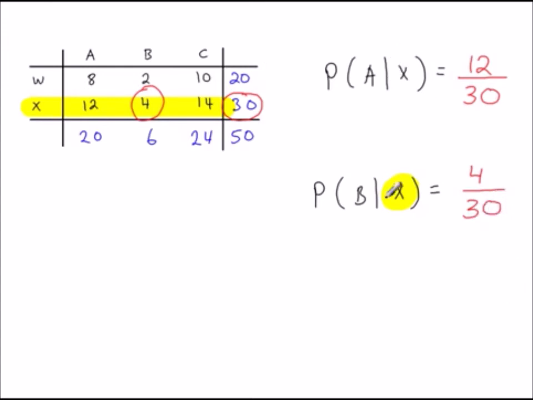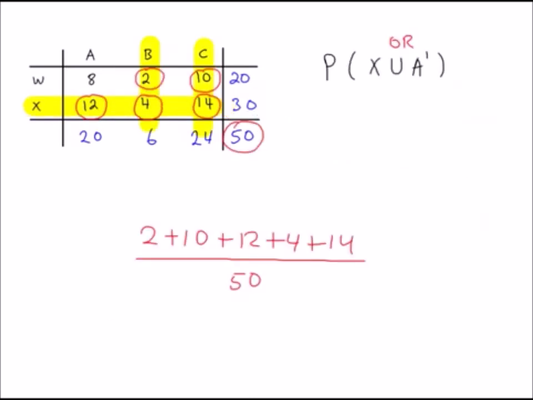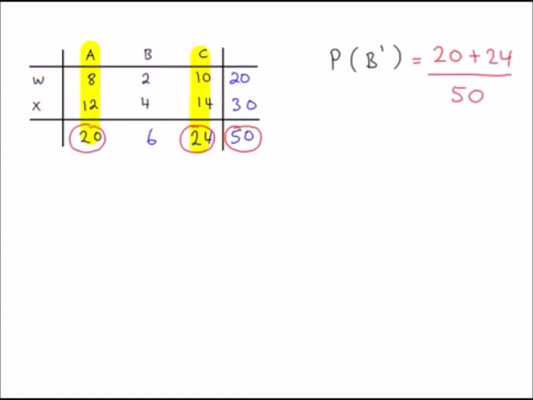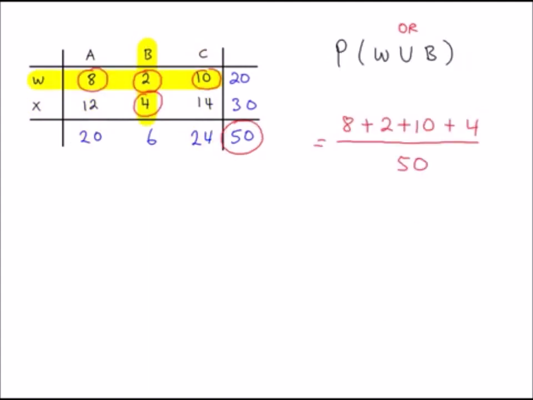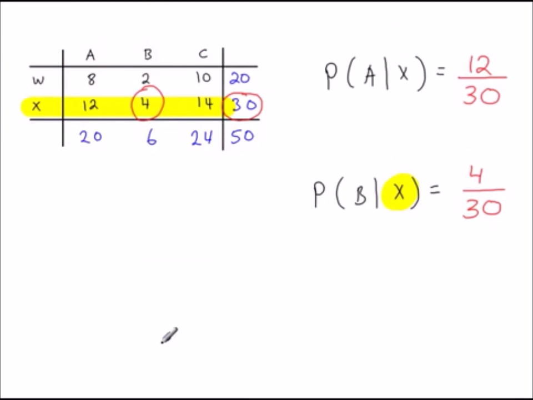What you can see from these conditional probability questions is that the probability is always out of something which is not the table total. If you look at the previous examples, they were all out of the table total. So that's out of 50, this one's out of 50, this one's out of 50, and so on. But when you move on to conditional probabilities, this number here always refers to the total for that event there.